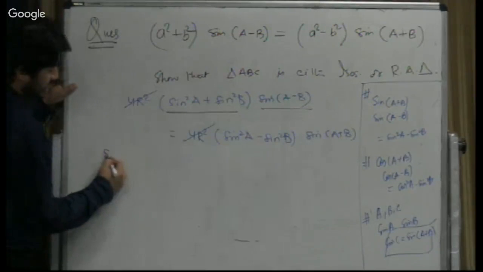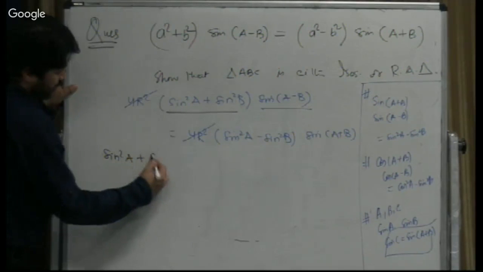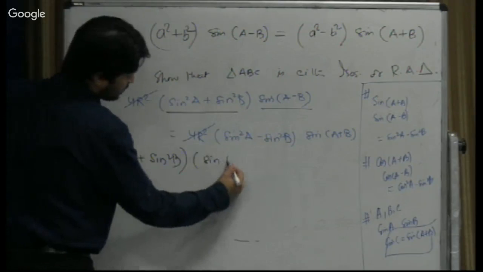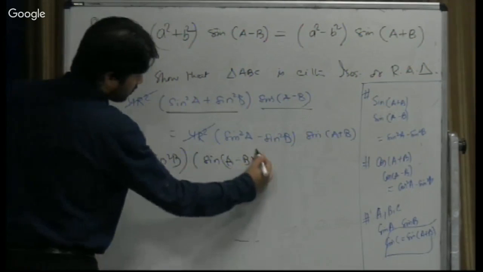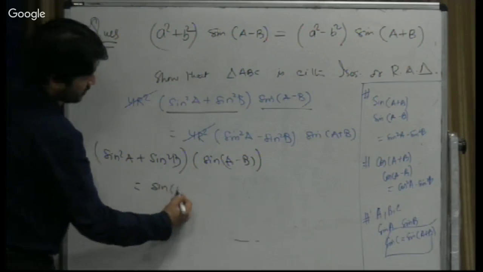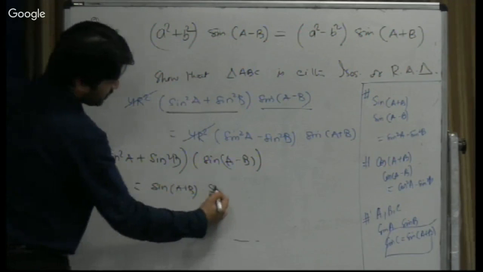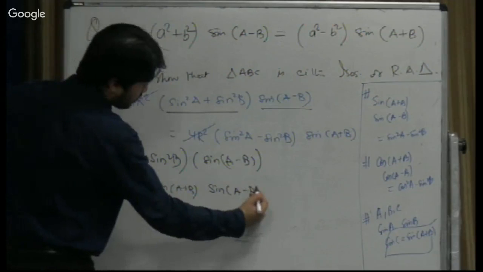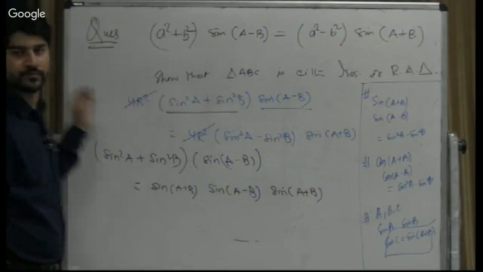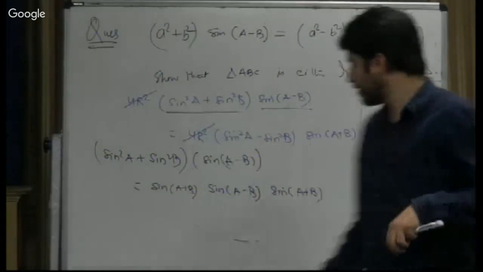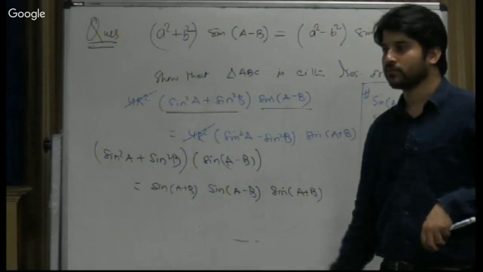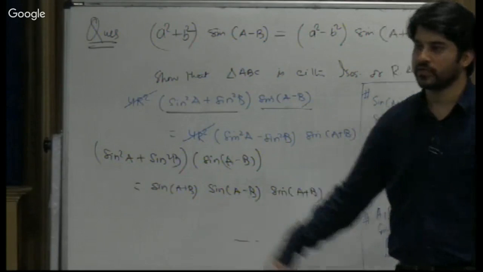Now coming to this, so I can say sine square a plus sine square b into sine a minus b is equal to sine a plus b into sine a minus b into sine a plus b, right? Can we cut this two off? नहीं, एक इक्वेशन बनेगा ना.